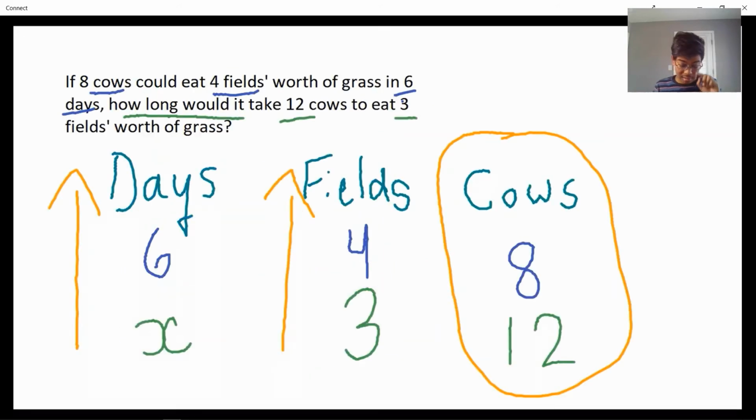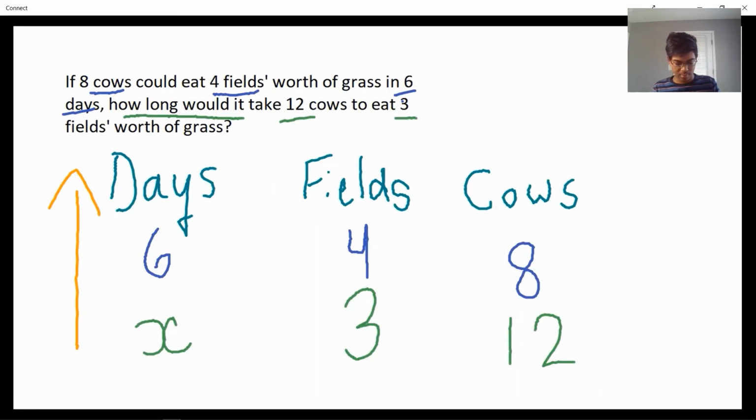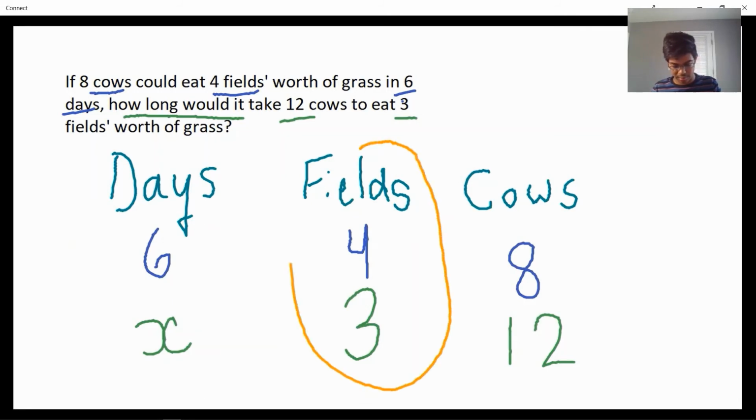Now let's do the opposite. Let's assume we're done with cows being constant. Let's assume that the number of fields that we have is constant. Now we're going to define the proportion for days and cows. Let's say we have a small number of cows, maybe 5 cows, and we let them graze on the fixed number of fields that we have.